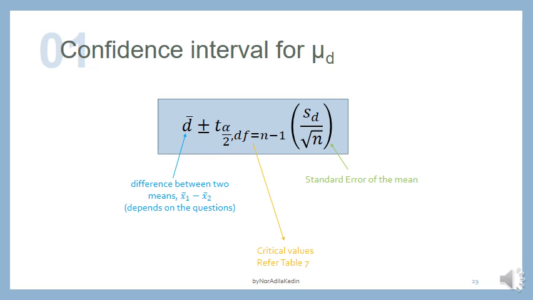D bar ni apa? The difference between two mean. Depends on the questions lah. X bar 1 minus X bar 2 ataupun X bar 2 minus X bar 1. Depends on the question. Okay, kita pakai T distribution table. But the degree of freedom adalah n minus 1 sahaja. Standard error sama macam sebelum ni.